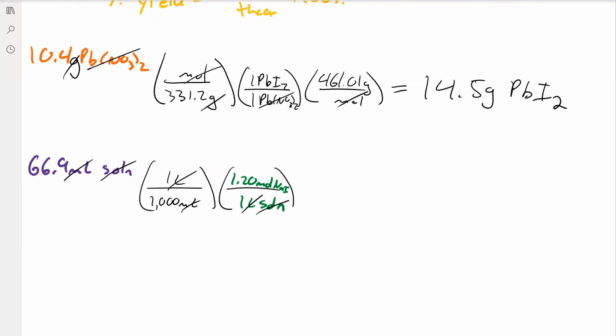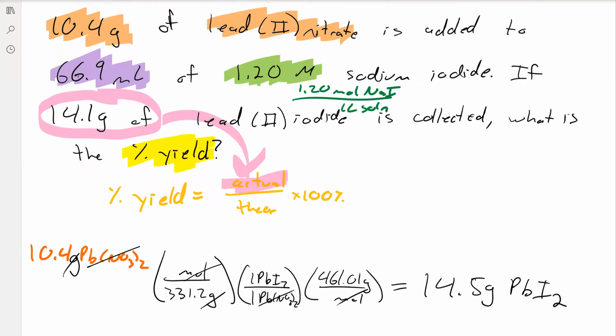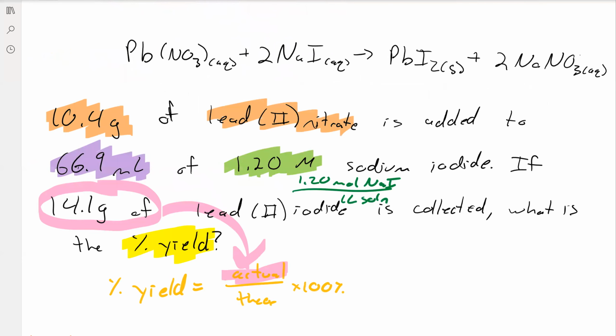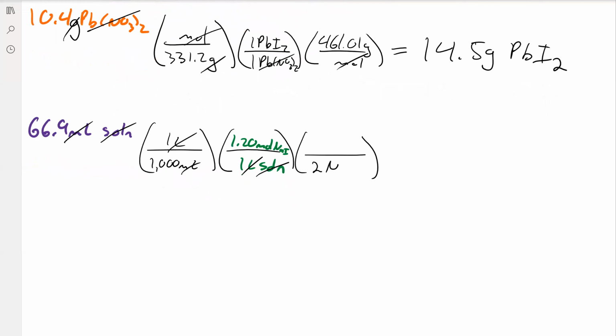So now I'm at my moles of sodium iodide. Since I'm at my moles of A, I can go to moles of B using my stoichiometric coefficients. And I see that I need 2 sodium iodides for every 1 lead iodide. So 2 NaI per 1 PbI2. Now, if I think about it, I'm at moles of lead iodide.